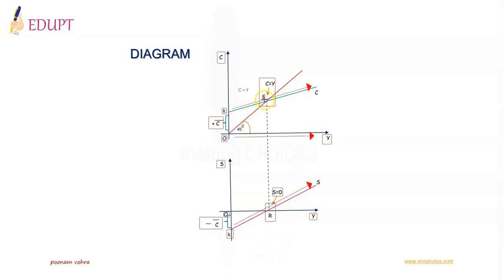To the left of point E, consumption is greater than income and there is dis-savings in terms of savings function. And beyond point E, on the consumption function, consumption is less than income and hence there are positive savings. So it establishes the relationship between consumption, savings and income.